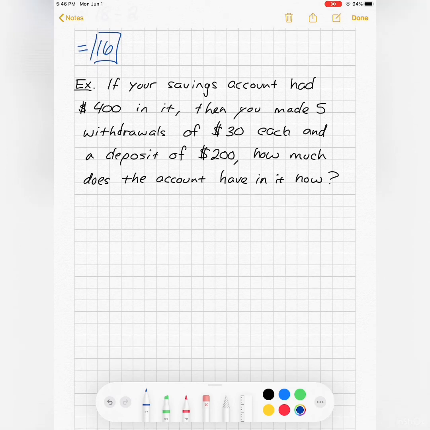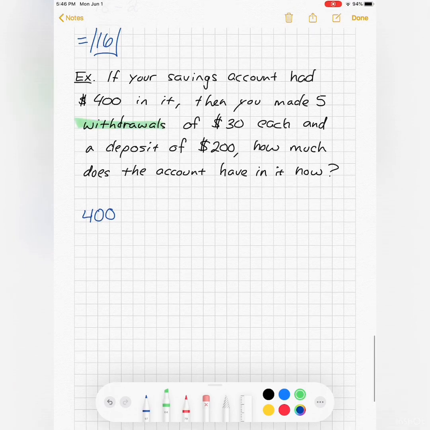Here's a little application. If your savings account had $400 in it. Okay, so you had $400 positive. Then you made 5 withdrawals. So withdrawal means you took money out. So you subtracted 5 times $30 each. So you took out $30 5 times, right?